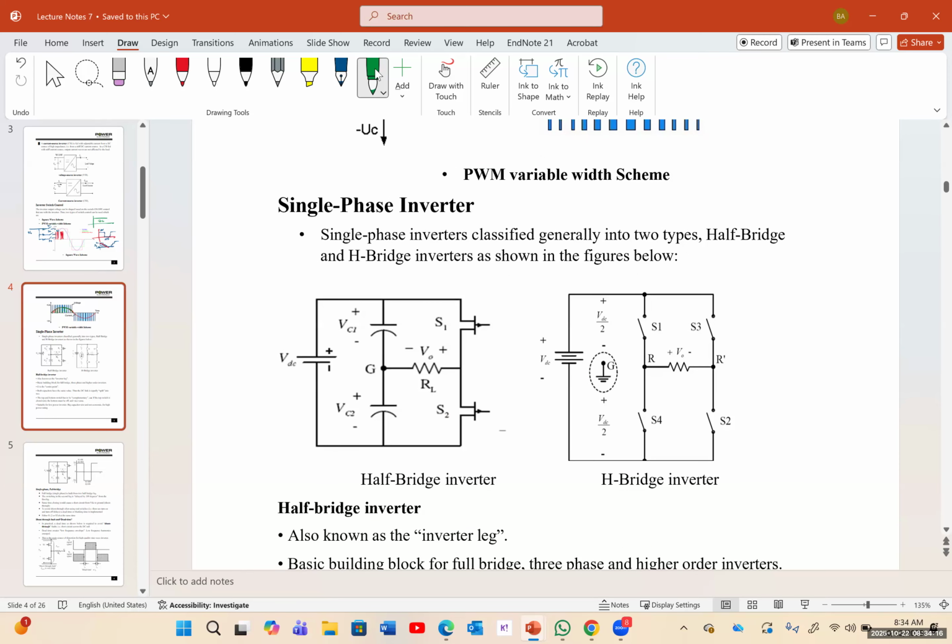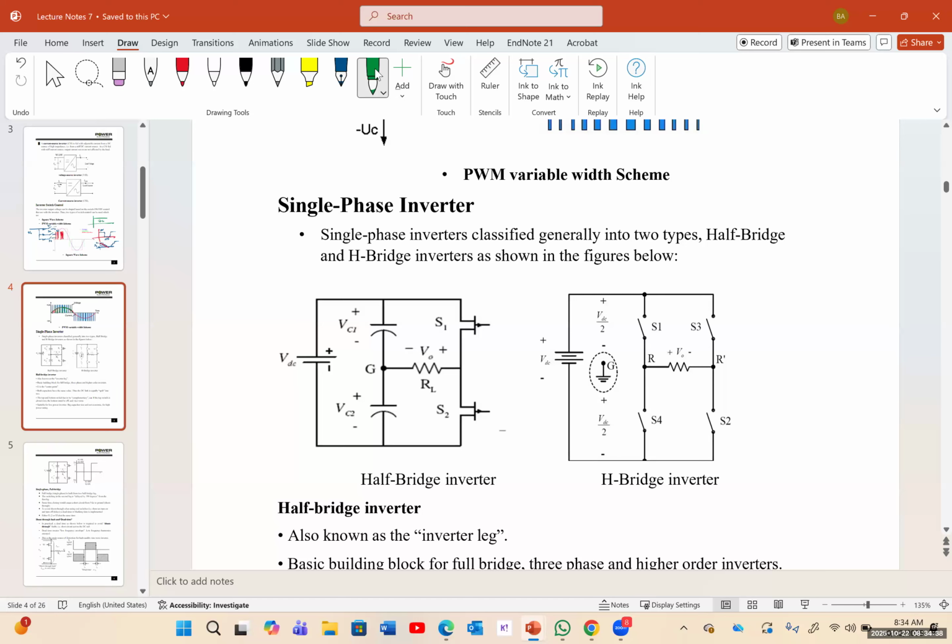Now, we also have single phase inverters, three-phase inverters, and we have full bridge inverters and half bridge inverters as well. So a single phase inverter is usually classified into two types.